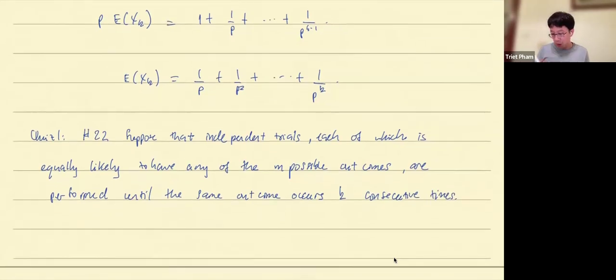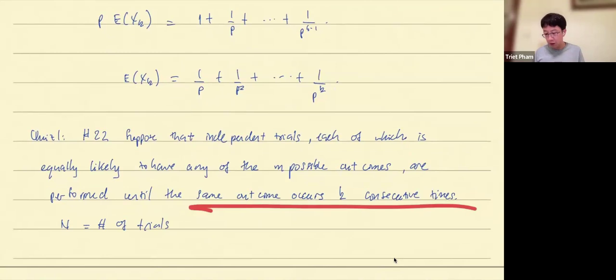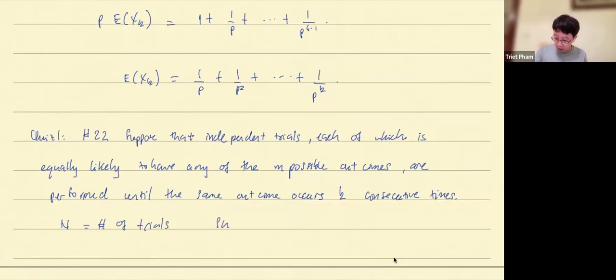So here they say let n be the number of trials until the same outcome occurs k consecutive times. They ask you to show that expectation of n is m to the k minus 1 over m minus 1.